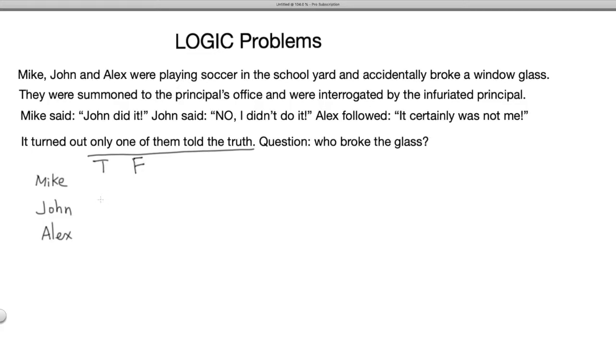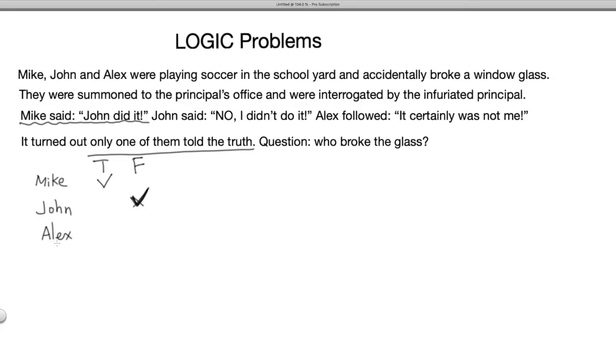And let's make an assumption. We can start with Mike. Let's say Mike told the truth. So Mike is telling the truth, which said John did it. So that means John's statement, no, I did not do it, must be false, right? So John is making a lie.